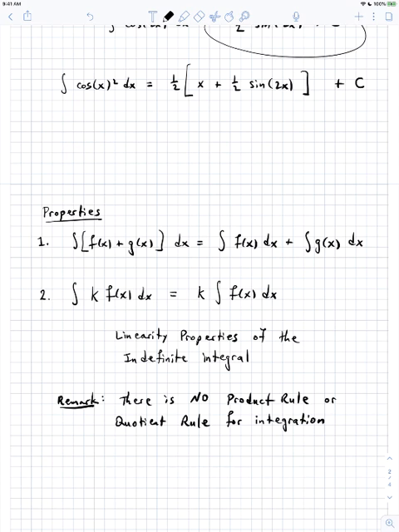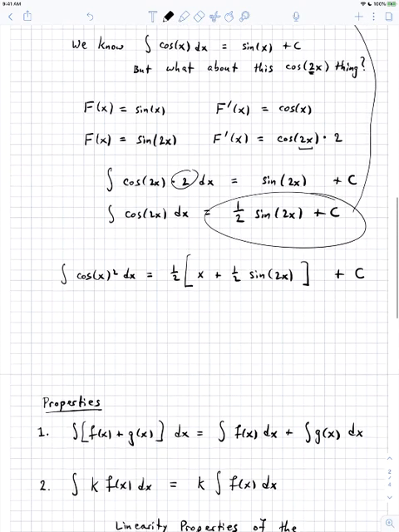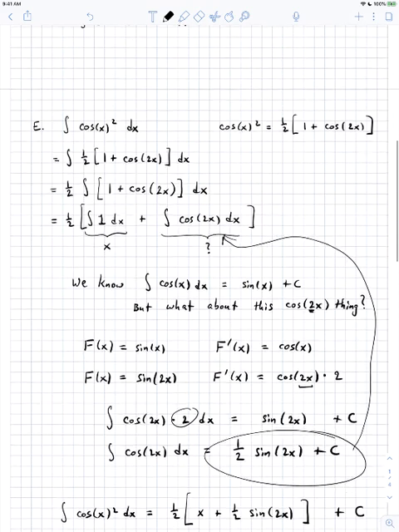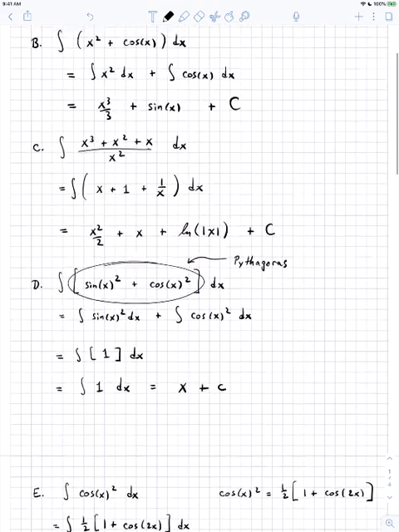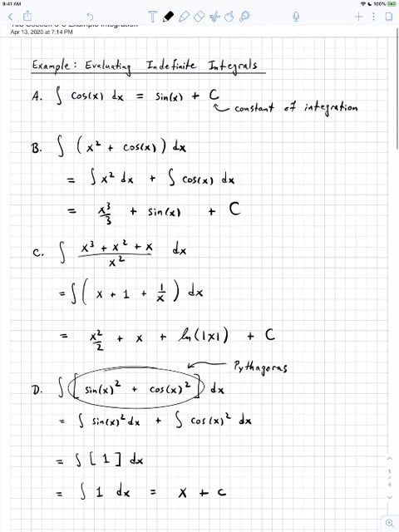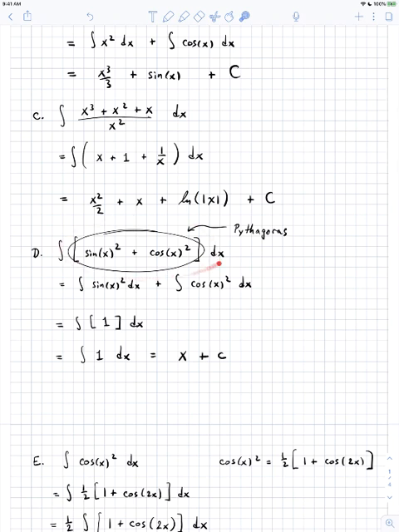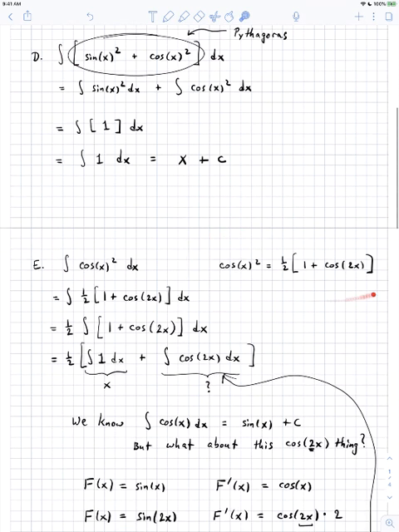And usually the way you do that is by taking something that you don't know and rewriting it so that it looks like something you do know. We've seen some examples of that here, using trigonometric identities or using simple algebraic properties like what we saw here and here, here and here. Here we used a trigonometric identity, and here we used another one.